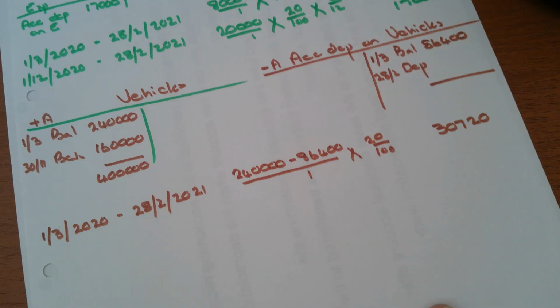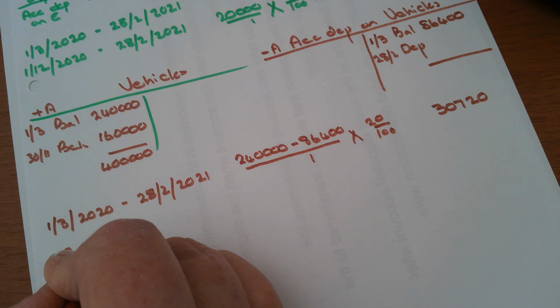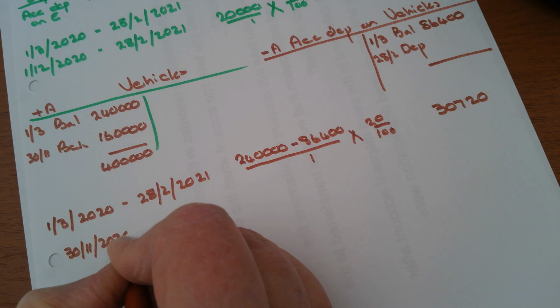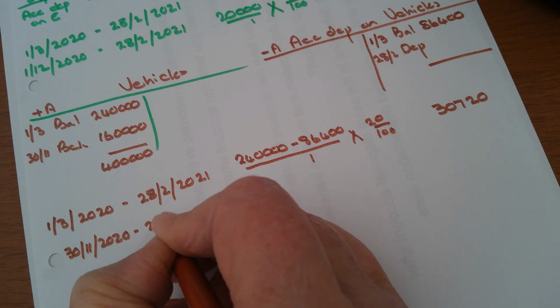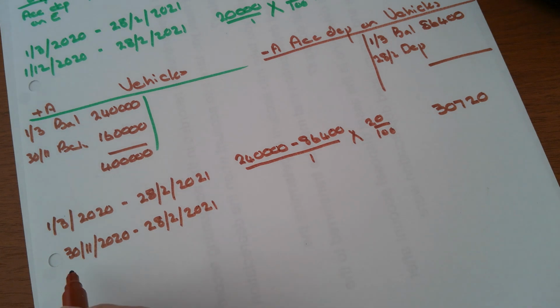Okay, then on the new vehicle, we bought it on the 30th of November 2020. And we use it up to 28 February 2021. Because we bought it on the last day of November, we will not write off depreciation for November.